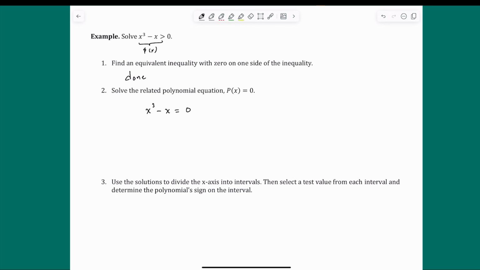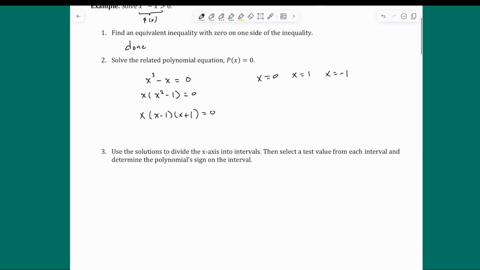To solve this, we could factor out an x, leaves behind x squared minus 1 equal to 0, and x squared minus 1 is a difference of squares, so we could factor that as x minus 1 times x plus 1 equal to 0. Okay, so that tells us our solutions are x equals 0, x equals 1, and x equals negative 1.